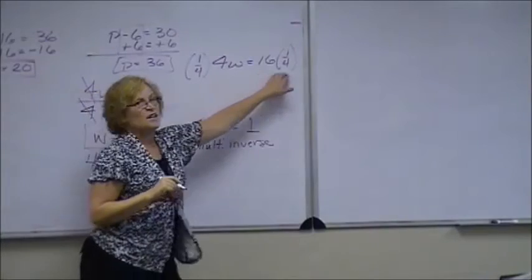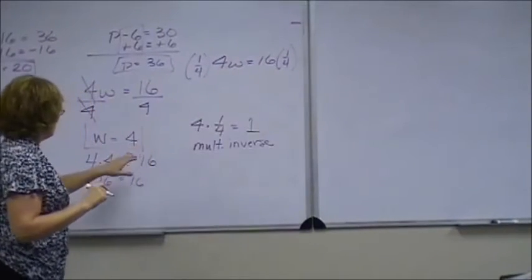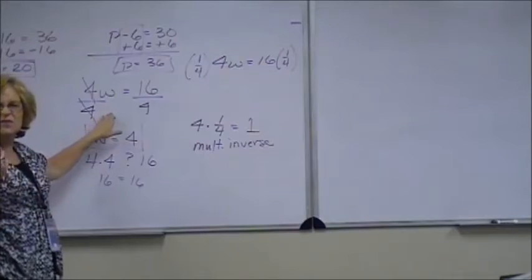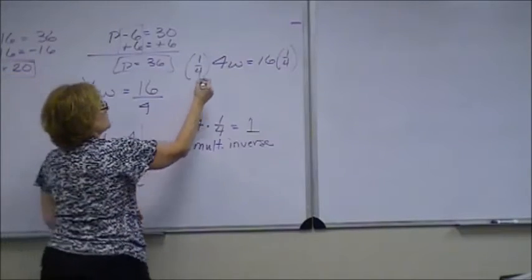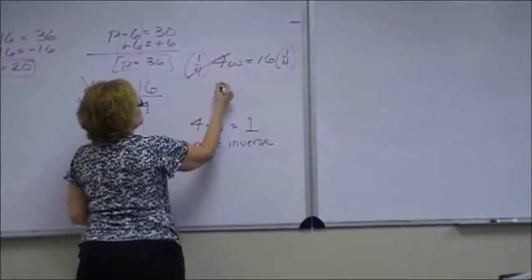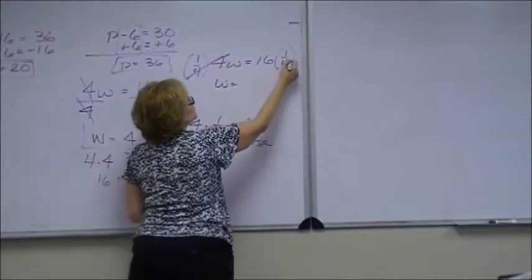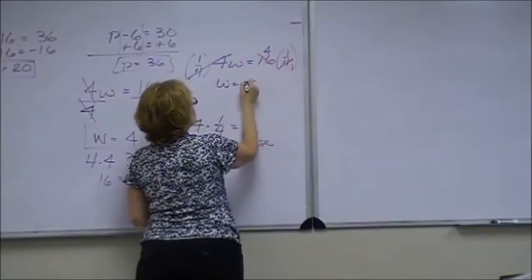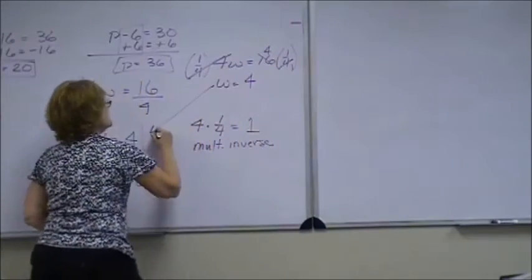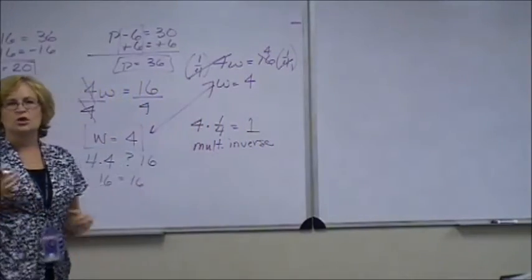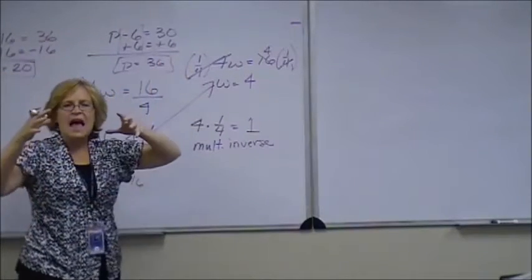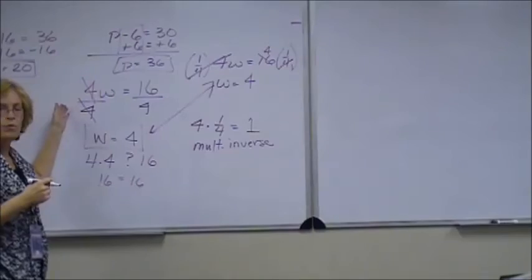Well, it looks different, but it's exactly the same that I did over here. It's just a different view of it. These cancel out. 1 times W is W. 4 goes into 4 once, 4 goes into 16 4 times, and 4 times 1 is 4. I get the same, it's just using the property in an exact instead of a creative way.